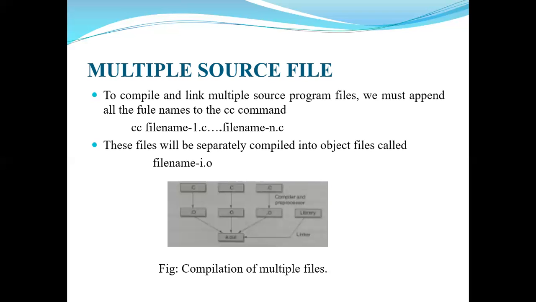If inside the opening and closing parentheses you have not included any argument, it can be indicated using the word void. Void means nothing. We may also specify the keyword int or void before the word main.